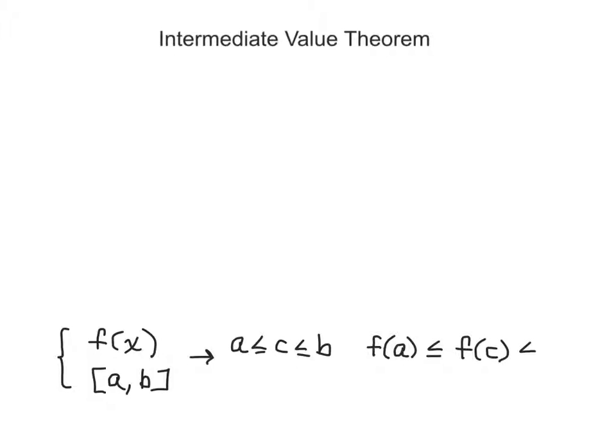So here's our f of c, and it could be equal to either f of a or f of b, but it's somewhere in the interval between f of a and f of b, okay?